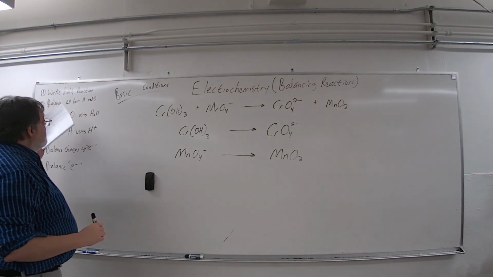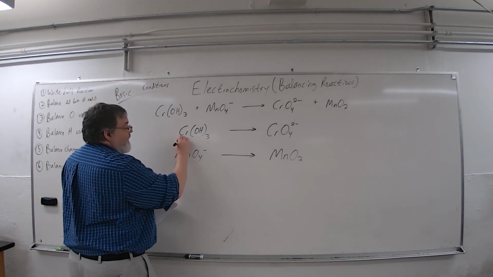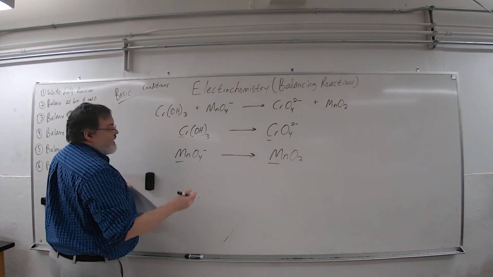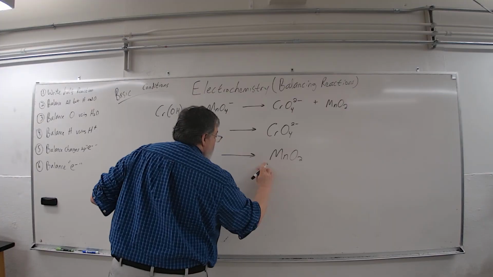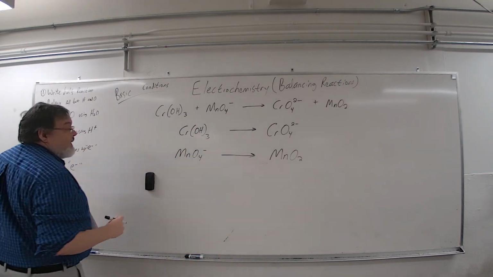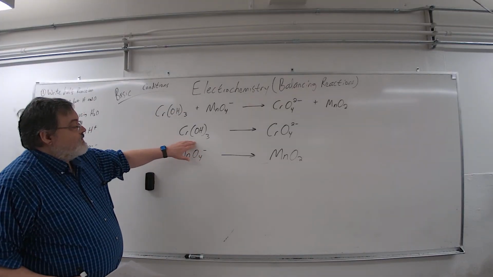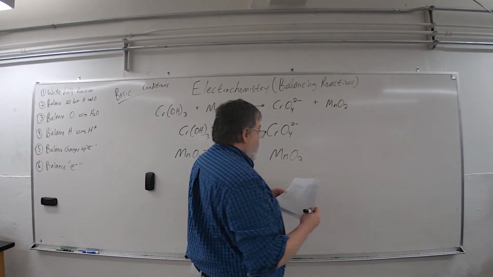Okay, first we balance everything that's not oxygen and hydrogen, but they're already balanced. We've got 1 chromium, 1 manganese, everything else is hydrogen and oxygen, so that's taken care of. Balance the oxygens using H2O. How many oxygens do I have on this side? 3. How many over here? 4.